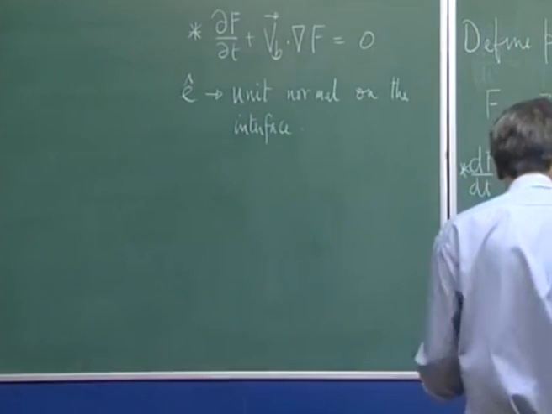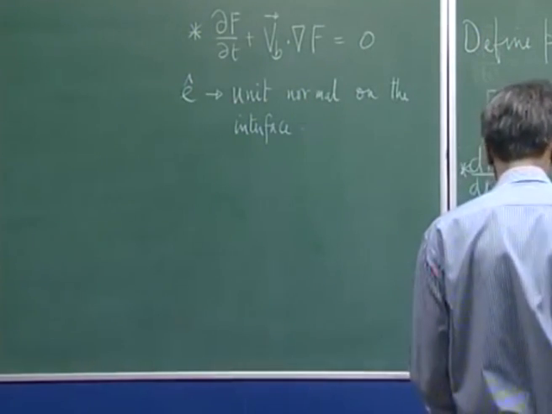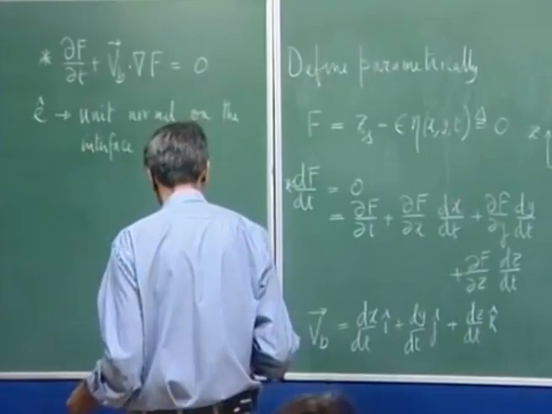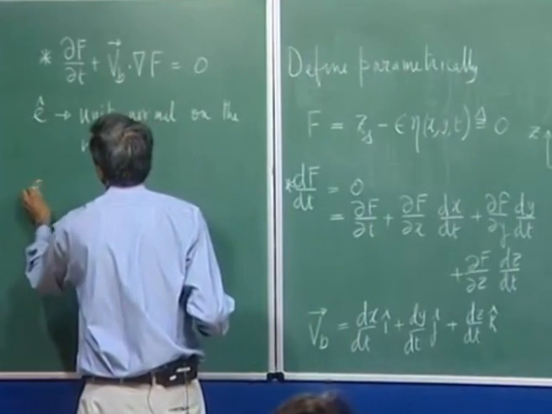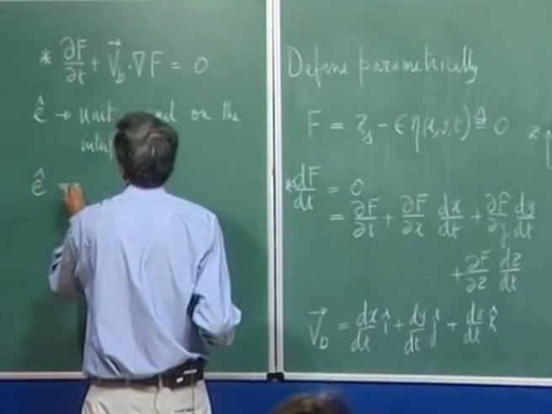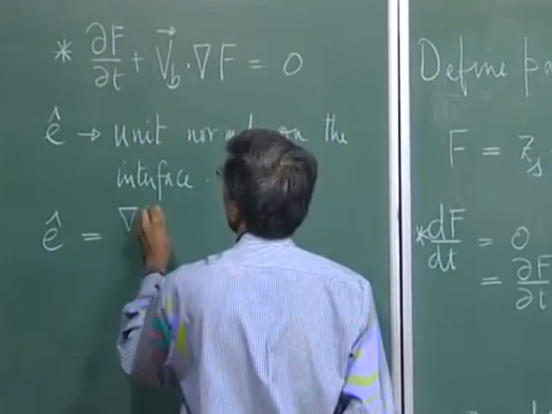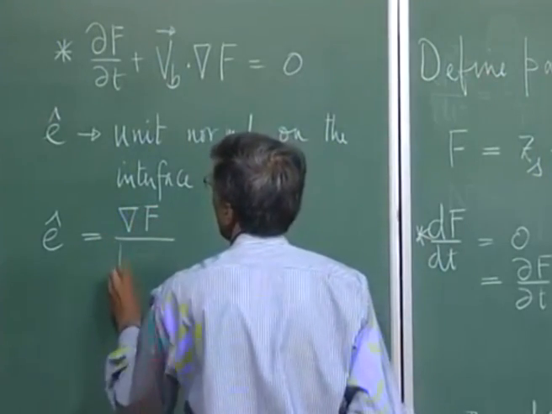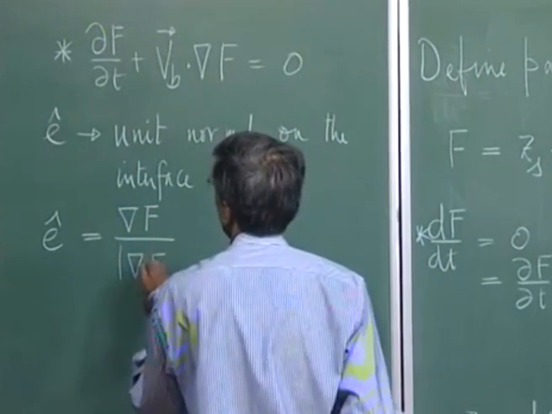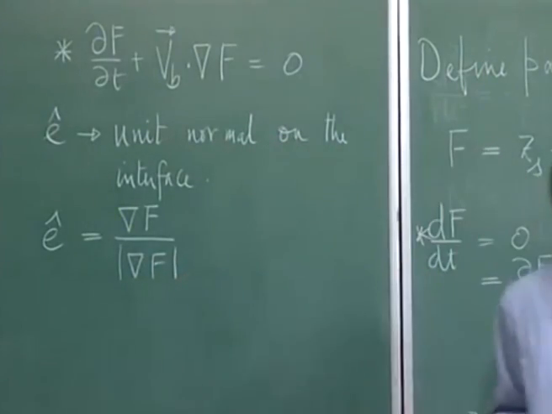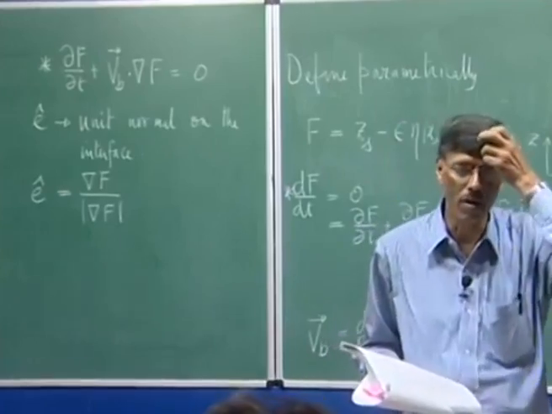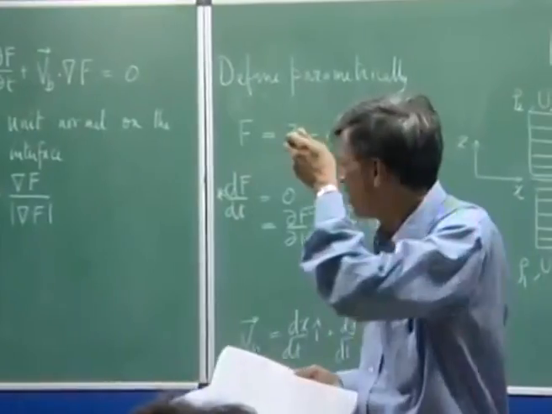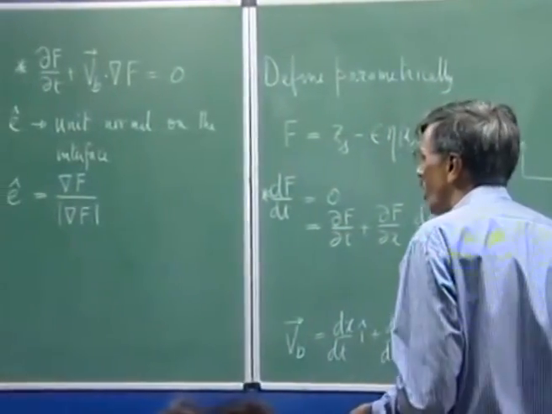Right. So, what do we get? What is this E hat? We know what this E hat is, that is grad f divided by mod of grad f. This we know from our basic calculus, that that is what it is going to be.